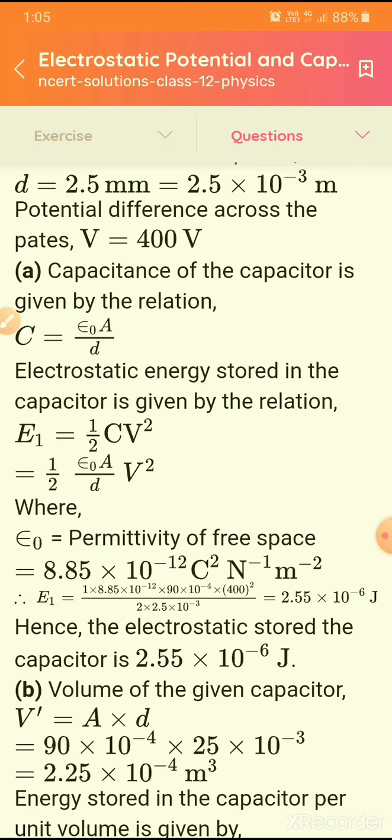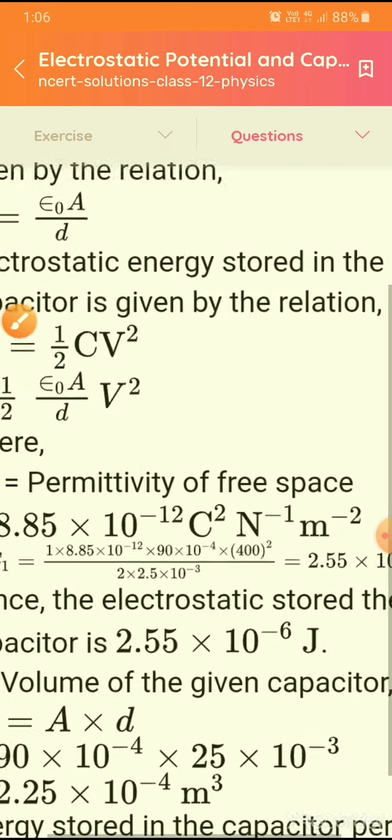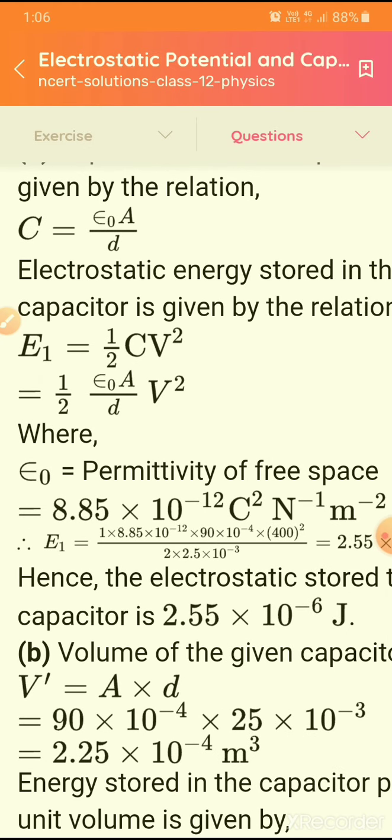Here in the formula for E1 we can substitute all the values. E1 is equal to half, so 1 into epsilon naught value 8.85 into 10 to the power of minus 12, and then A value 90 into 10 to the power of minus 4, and then V value 400 the whole square, divided by 2 into D value 2.5 into 10 to the power of minus 3.